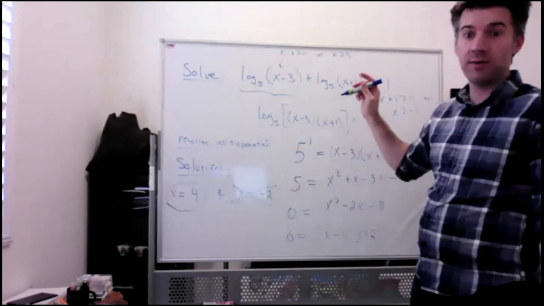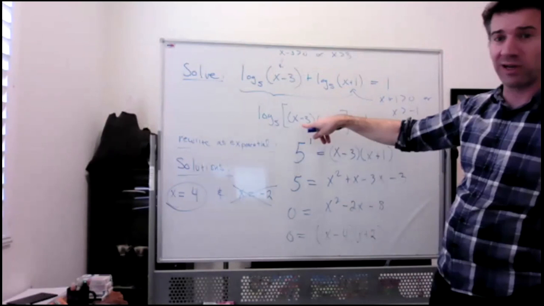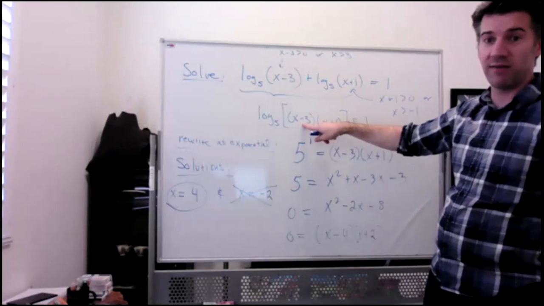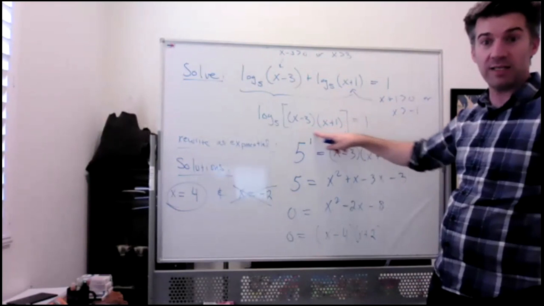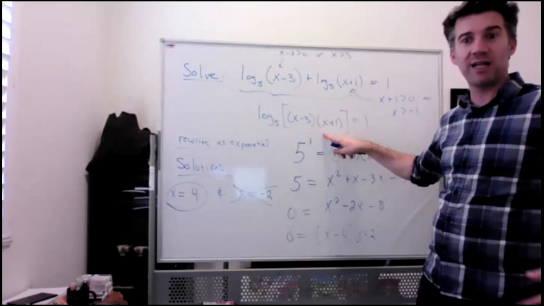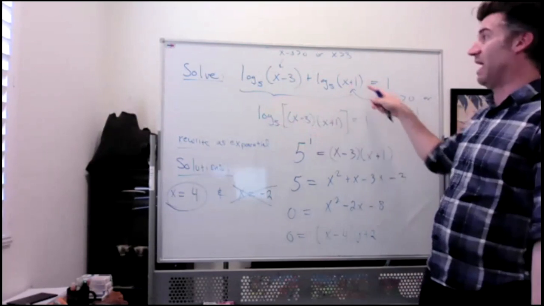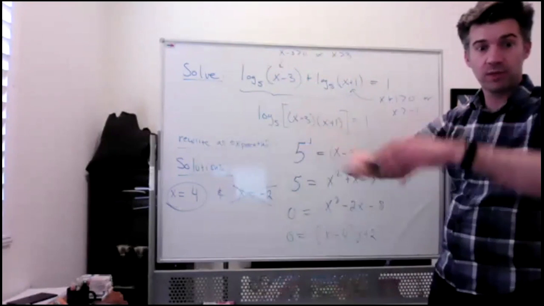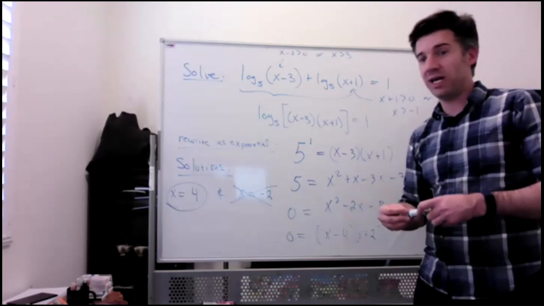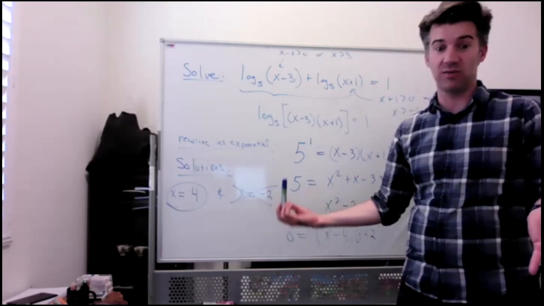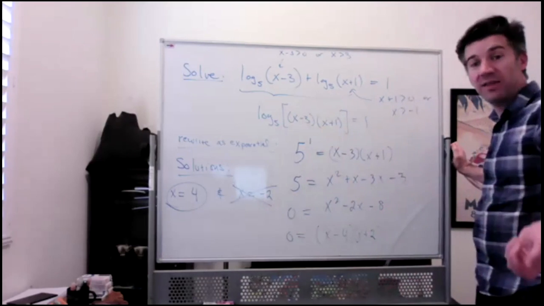I'll point out -2 doesn't work in the original expression, but -2 would totally work here because -2 minus 3 is -5, -2 plus 1 is -1, and -5 times -1 is +5 inside the logarithm. So that's why we're getting -2 as an extraneous solution because it works in a later equation, but not in the original equation. So whenever you're solving logarithmic equations like this, we always have to check to see if our answers are actually answers of the original expression, which means anything can happen.